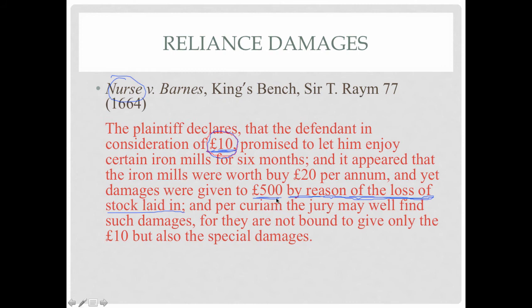That's what happened here. 490 pounds worth of stuff to make iron plus 10 pounds of essential reliance gives our total recovery of 500 pounds. The 490 pounds are the special damages. The 10 pounds are the direct general Hadley 1 type of damages, or in this case, also known as essential reliance.